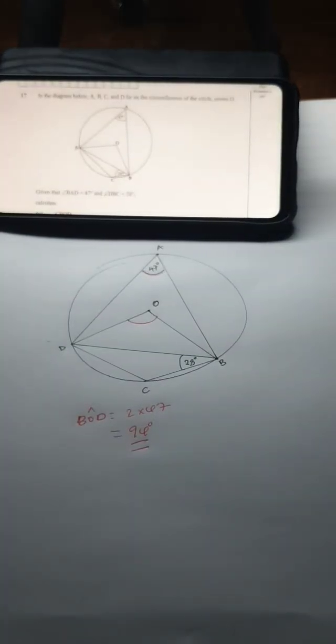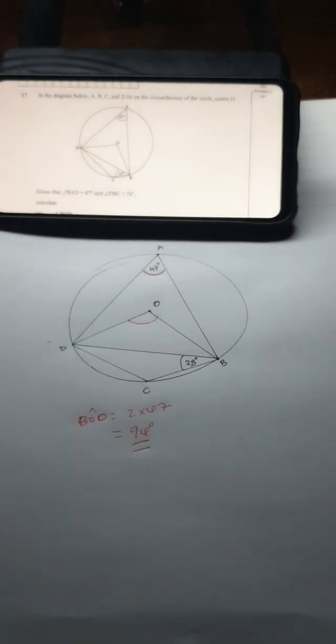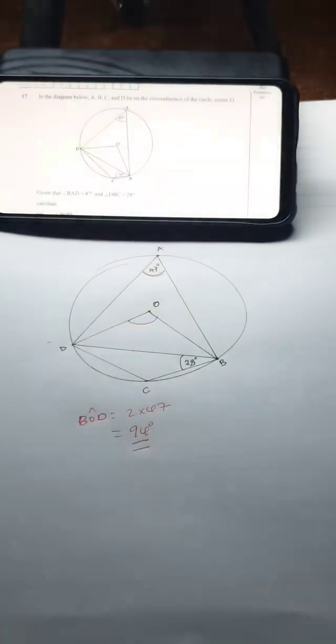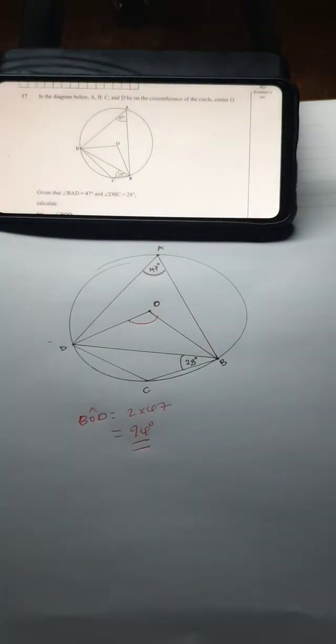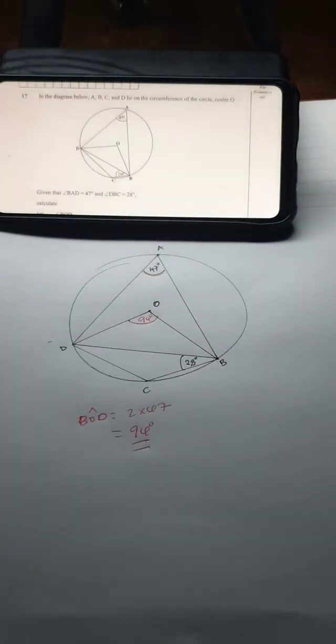Ladies and gentlemen, even if we had another one, it will still be the same. Also from here, it will still be equal, twice there. So the upper is 94 degrees.